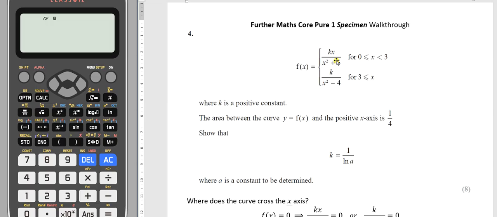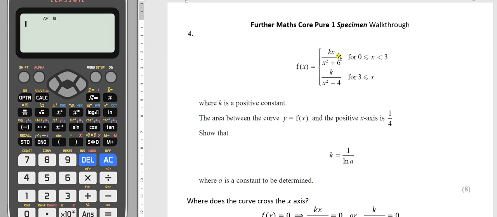It might be worth checking just to make sure that the curve before doesn't have any weird asymptotes, but you can see that x squared add 6 is never going to be negative because x squared is never lower than 0, which means that kx over x squared add 6 is always going to give an answer. It's not undefined anywhere. So there are no asymptotes for that first section.